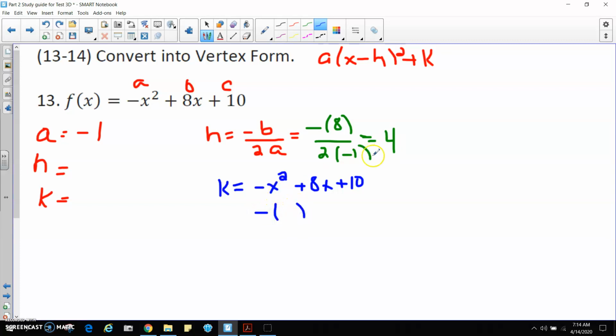For the x, we're going to substitute in the 4 that we just found, so it becomes 4 squared. For the second x, I'm still going to plug in that 4, and I put it in parentheses. Remember, every time I sub, I use parentheses, and plus 10. At this point, you would work this out on your calculator, and you come out with 26.